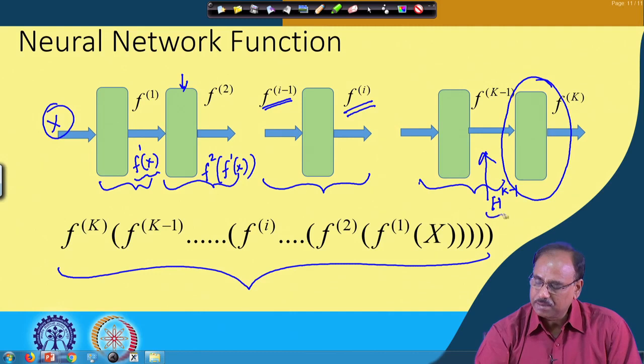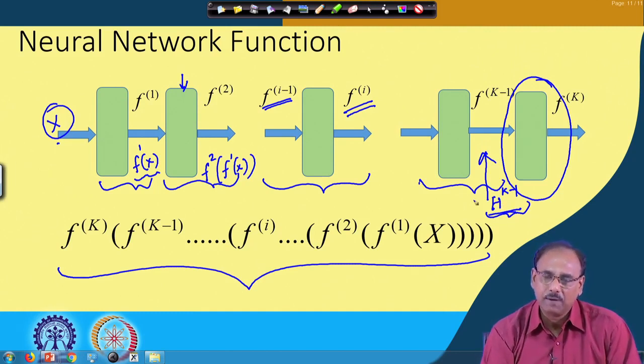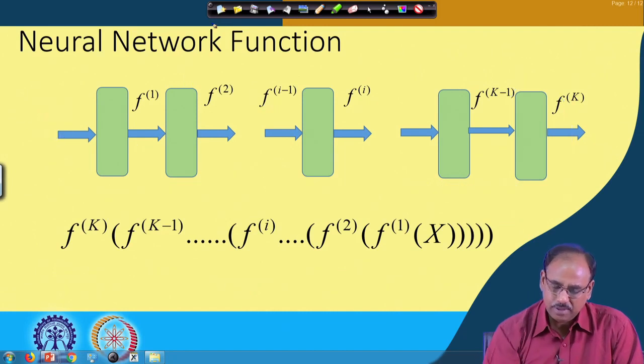These feature vectors h_(k-1) are nonlinearly mapped from x, and in this feature space the problem posed is a linearly separable problem. And once I have such a linear problem, the final layer, the kth layer, can solve this using a linear discriminator.